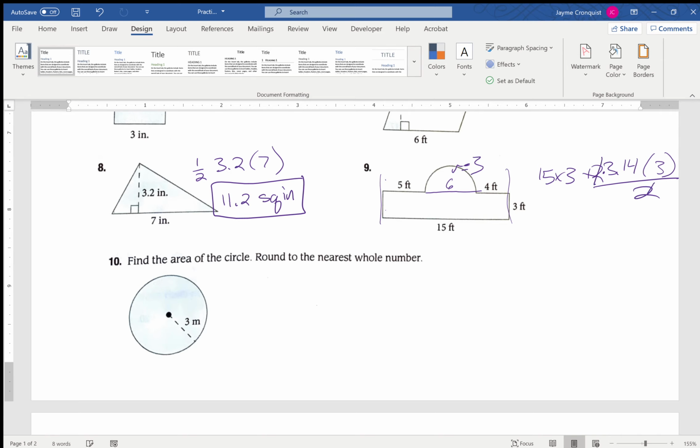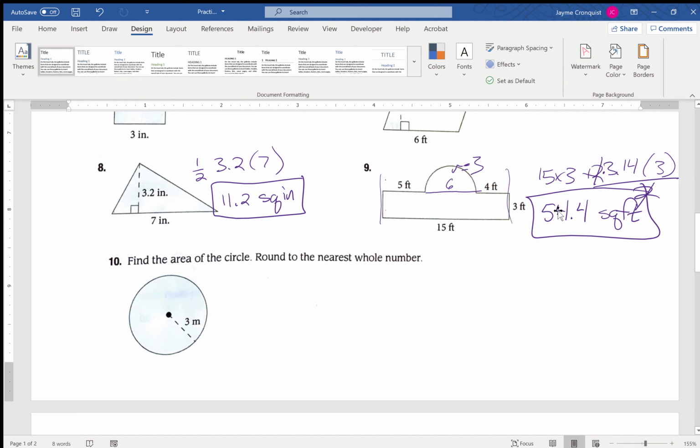So these cross out. So I have 15 times 3 is 45. So I have 45 plus 3.14 times 3. We have 54.42. And this is going to be square feet.